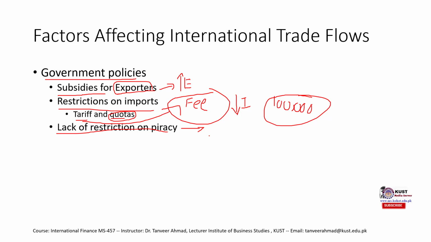The reason is that if these piracy activities are restricted, then the government knows that consumers would have to buy them from foreign countries, and hence if they buy that software, for example, consumers buying Windows from Microsoft or other softwares from foreign countries, it would increase the import bill, right? So rather than imposing restrictions, the lack of restrictions can also lead towards a decrease in imports.